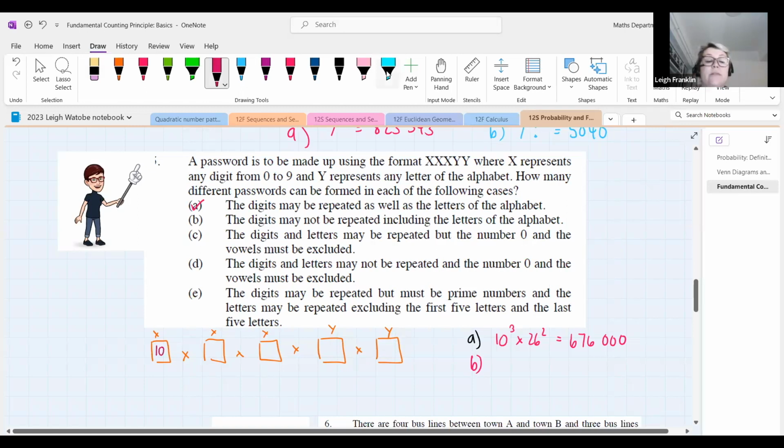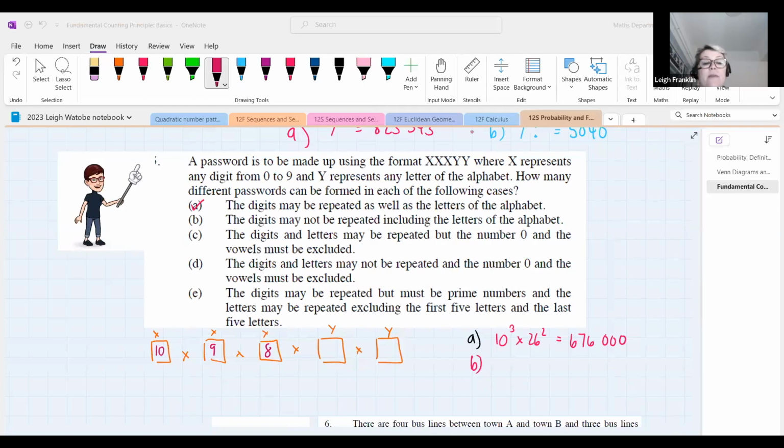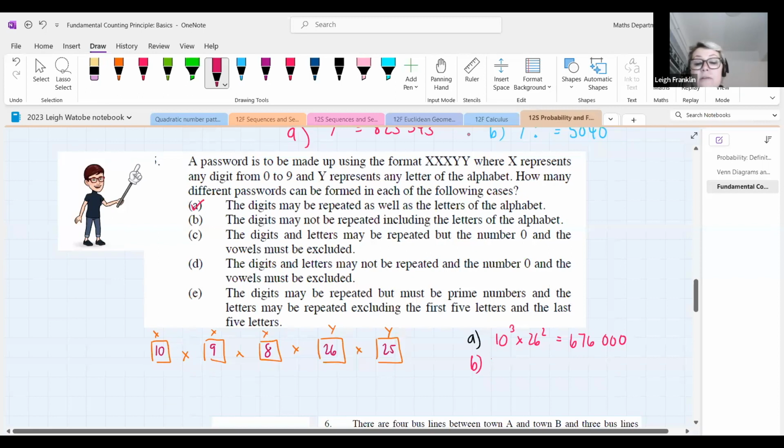In 9 ways. Excellent. In how many ways can I fill the third block? Good, by 8. Now I'm switching over to letters of the alphabet. In how many ways can I fill the first block with a Y in it? 26. And the second block allocated for letters of the alphabet would be 25. Well done, everybody.